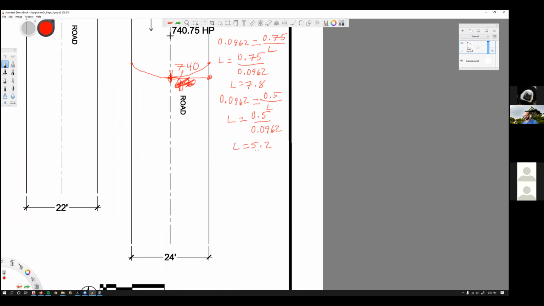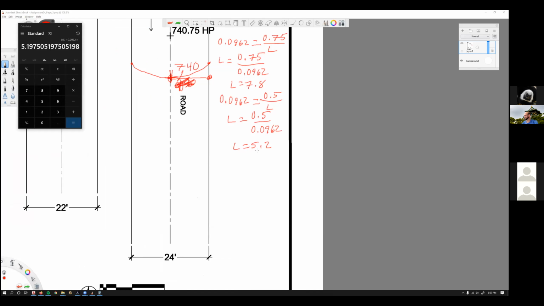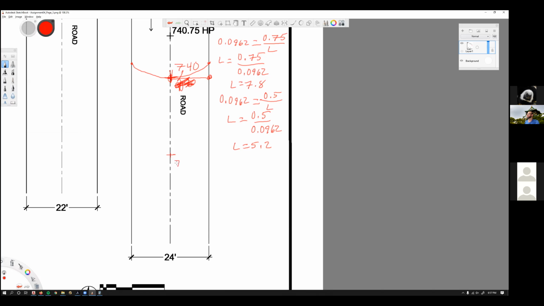To prove that to you, instead of 0.5, it's 1 divided by 0.0962, which is 10.4. So the next contour, wherever the 739 is, is at 10.4 feet or 10 feet away.